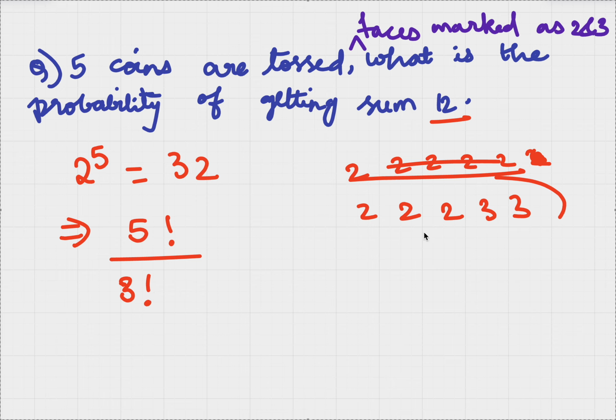How many times it is repeated, that much factorial we have to put. Now 3 is repeated 2 times, so it is 2 factorial. We are not writing these numbers here, it's how many times these numbers are repeated.